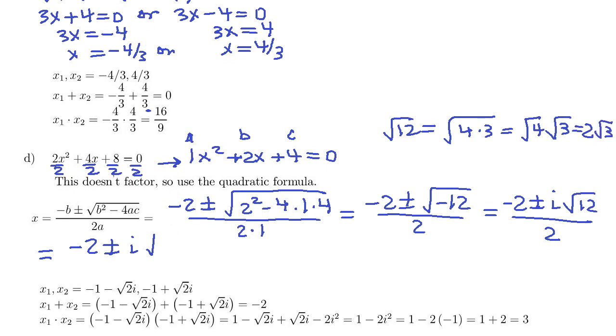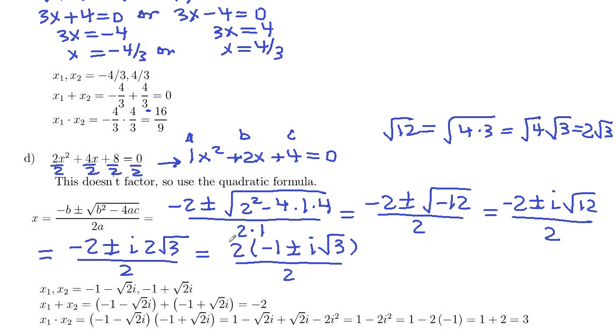So this will be i times 2 root 3, and then all over 2. And now we can factor a 2 out in the numerator. So this will be negative 1 plus or minus i square root of 3, and then divide by 2, and these cancel.